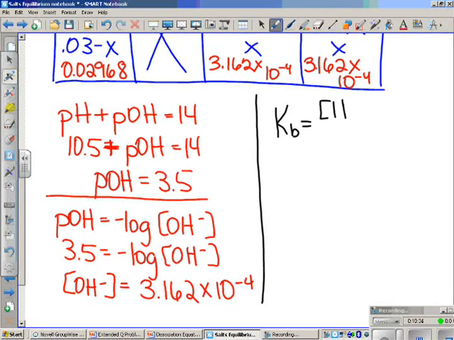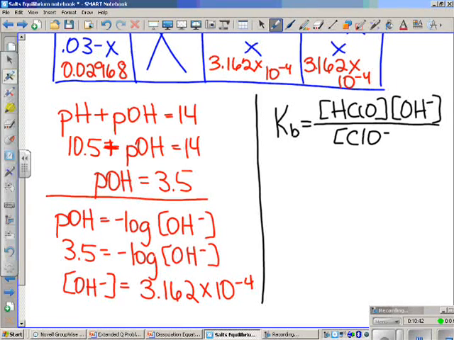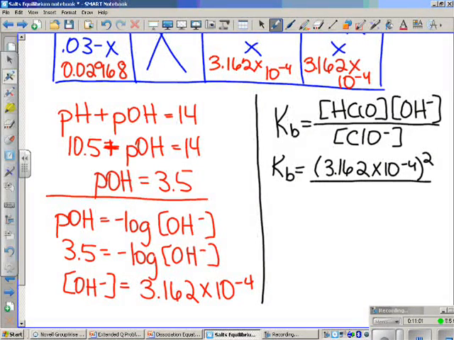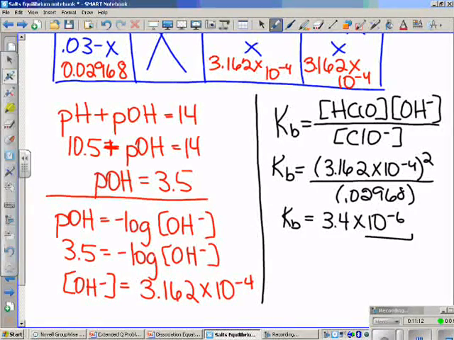So Kb will be the concentration of your products, both raised to the first power because their coefficients are 1, over the concentration of the reactant. The only reactant that matters is KClO minus. I'm just going to write this as 3.162 times 10 to the negative 4th, but squared. Since both of my products are X, they're both that same number. I'm going to run out of space if I don't. And then this will be 0.02968. Kb comes out to be 3.4 times 10 to the negative 6.